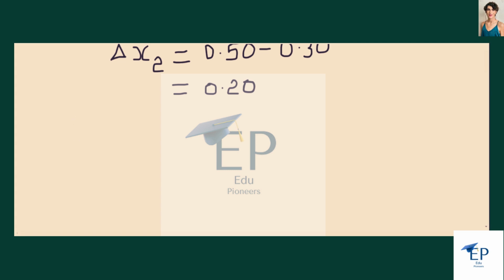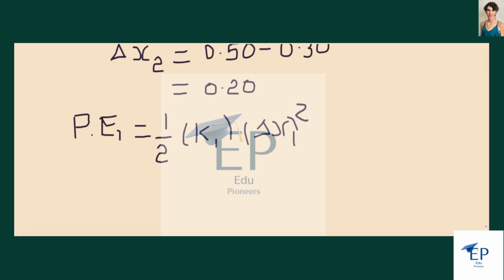Now, to find out the potential energy of spring 1, I can write PE1 is equal to 1 half K1 times delta x1 square. Again, we substitute all the values.